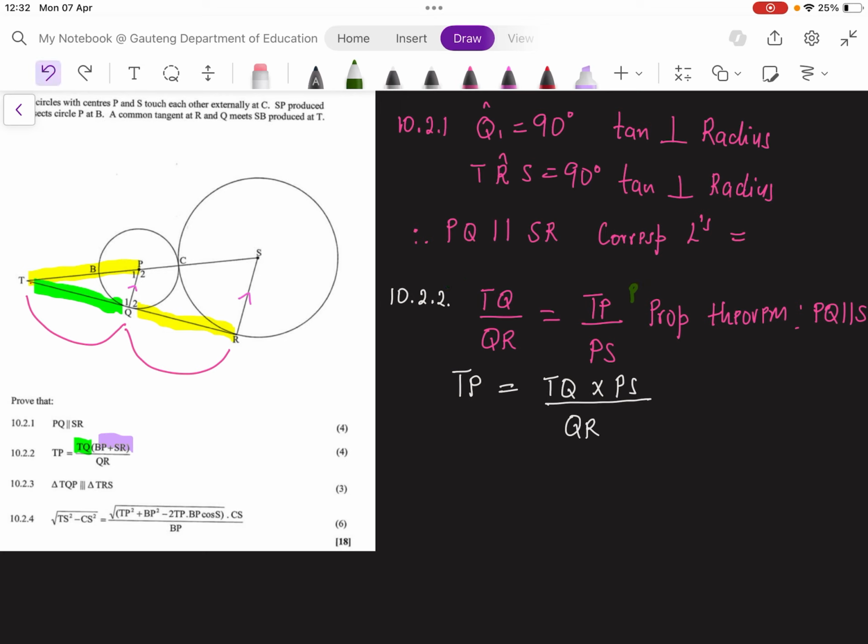Now, from here, we can see that from what we are required to prove, we need TP as the subject of the formula. We need TQ. We also need QR.